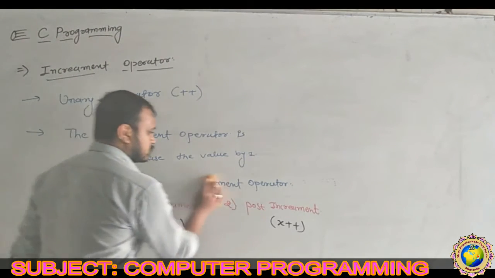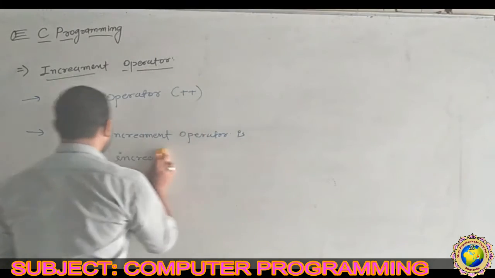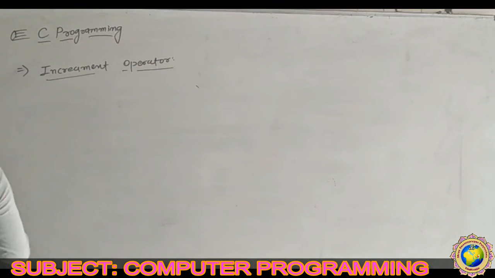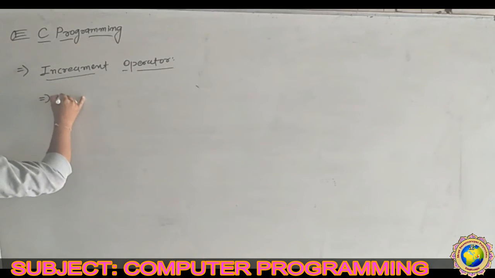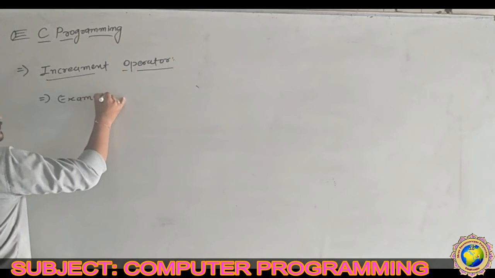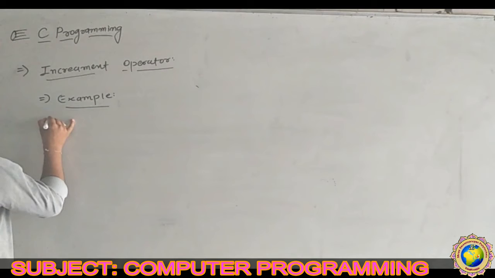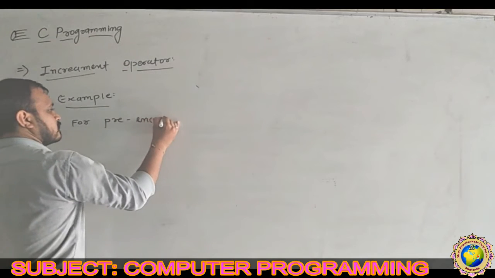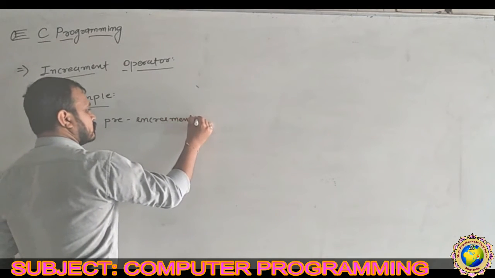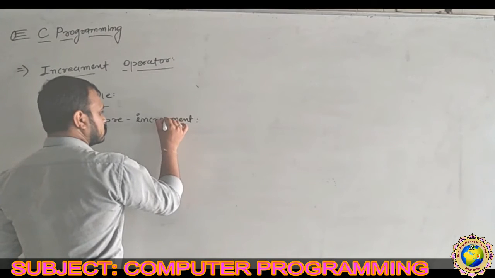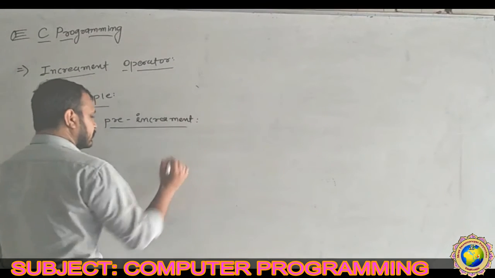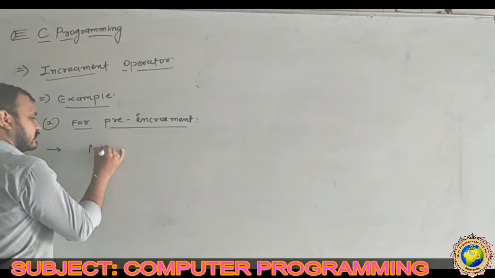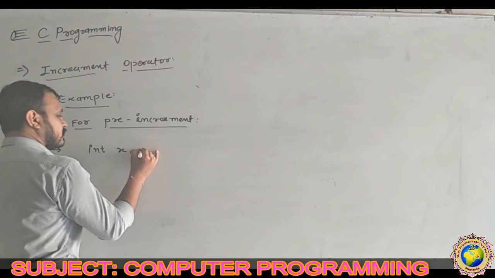Example. First for pre-increment, let's say integer x and n.